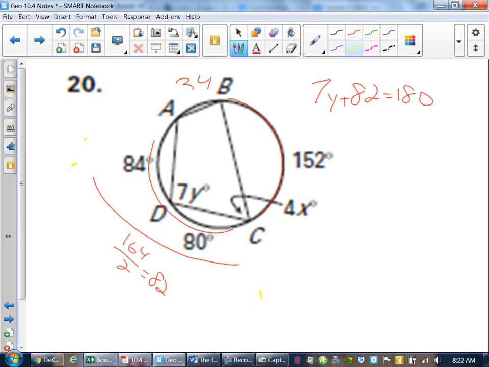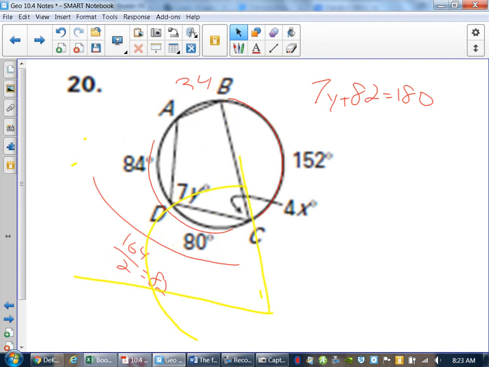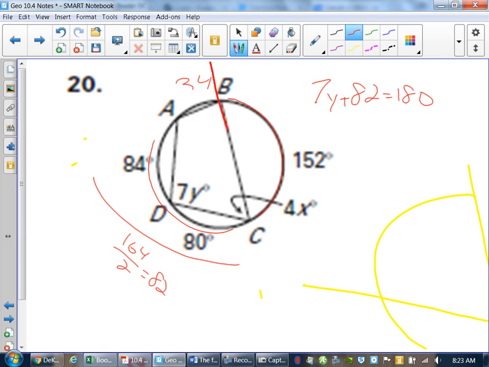Now follow back to your diagram again. Angle C runs into the arc here at 84 and 34. What's 84 plus 34? 118.